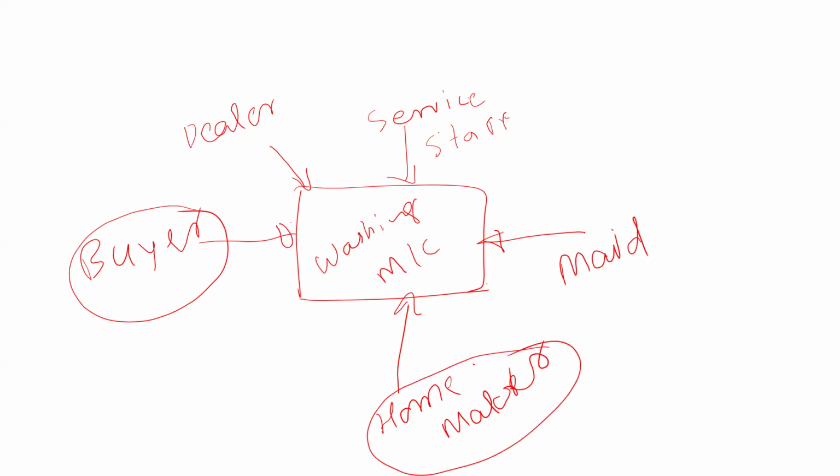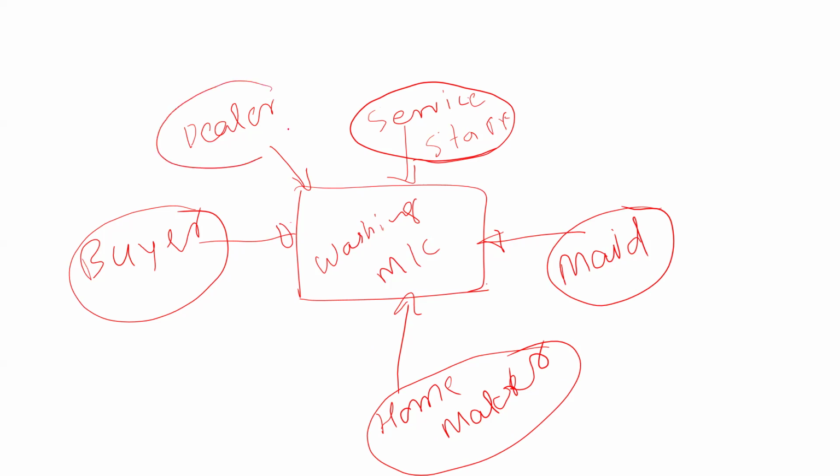The homemaker, who is going to use the machine, would have certain expectations, that it should at least take 8 kg, and once I start it, it should go ahead and complete everything. The service staff will say that if it is breaking down, I should be able to reach that particular drum and replace it quickly, without needing to open the entire machine. The dealer will have his own ways too.